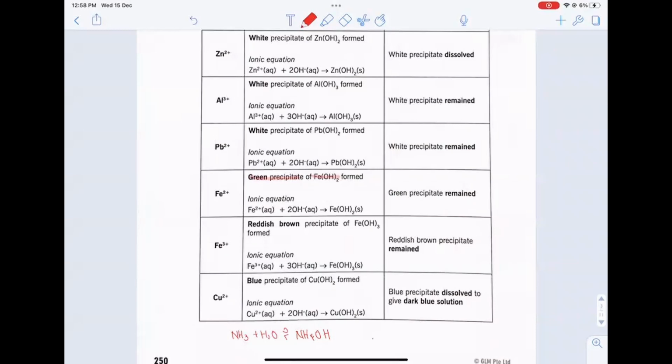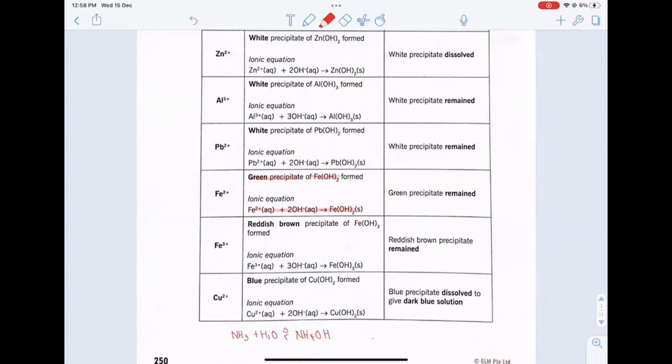So therefore, there's only a small concentration of OH- ions. But nonetheless, it still gives us ammonium hydroxide, right? So the hydroxide in ammonium hydroxide is what is responsible for the hydroxide in the compound. So hence over here, the ionic equation is exactly the same as the sodium hydroxide one.